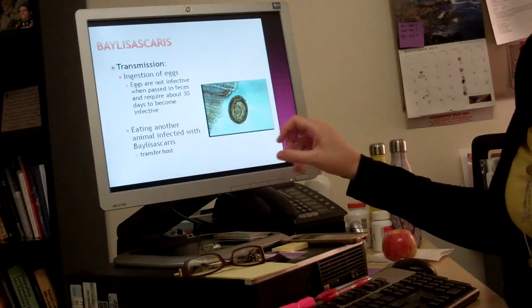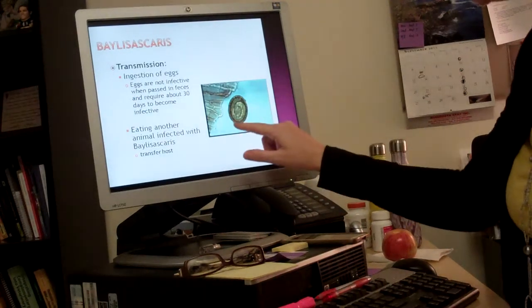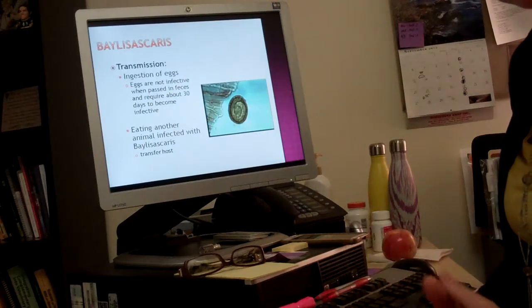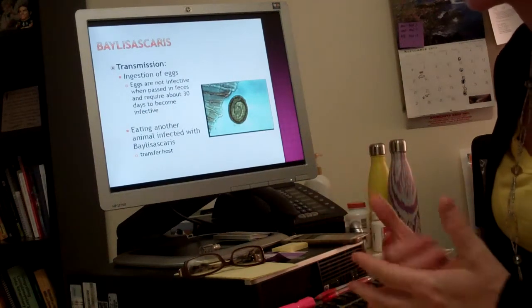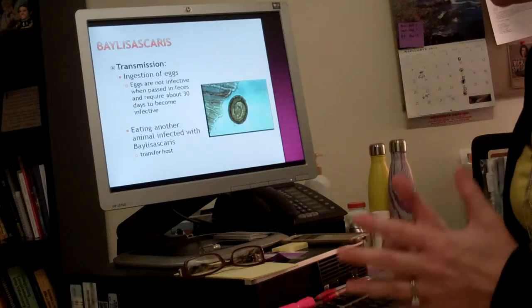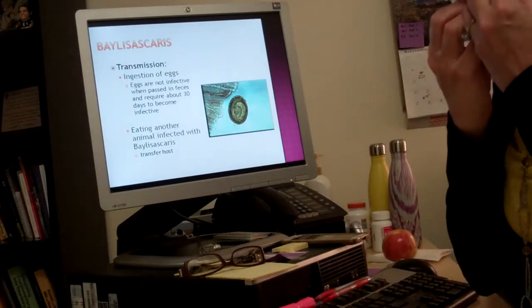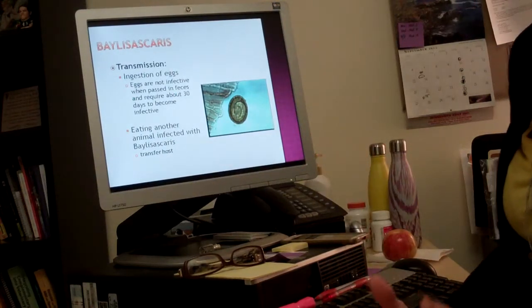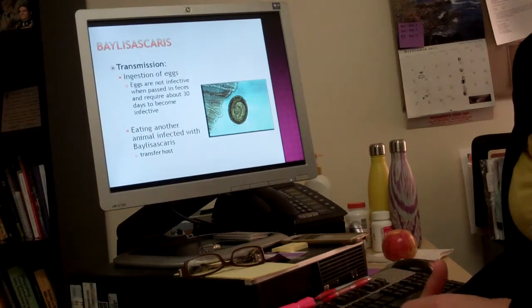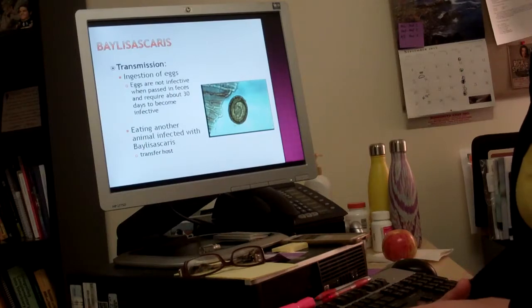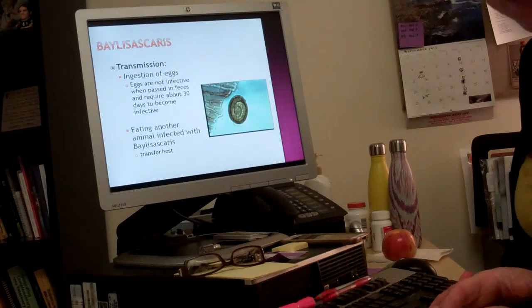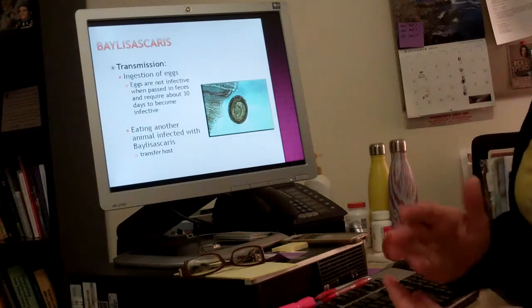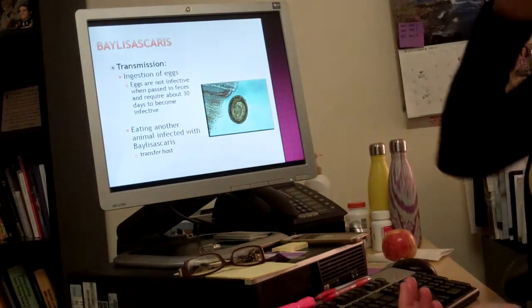If this stage is present in the soil, and if we stepped in it and ingested it, we could end up highly likely with these zoonotic infections. So we have to make sure that we pick up that feces ASAP so that it doesn't have the opportunity to grow up.